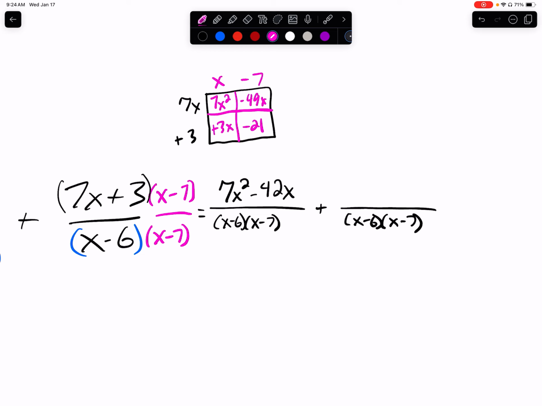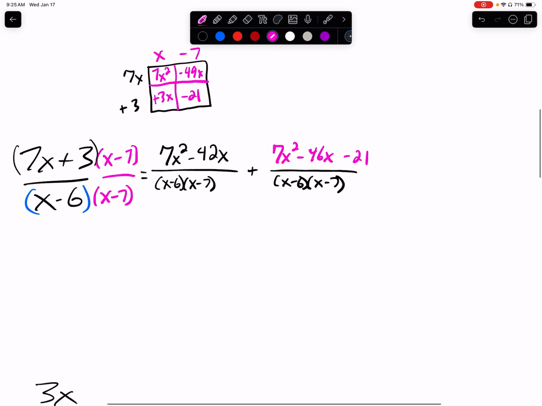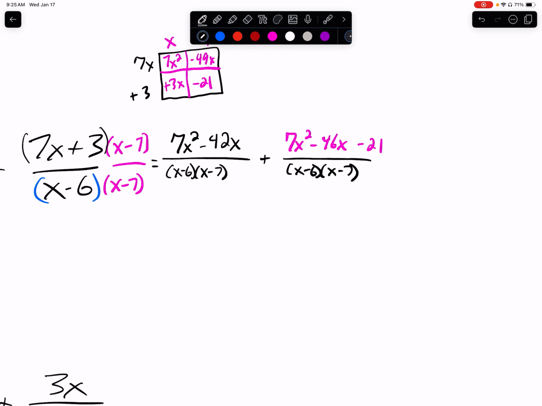So if I can combine these, I'm going to get 7x squared negative 49 plus 3 is going to leave us with minus 46x and then minus 21. Okay, so our last and final step here is to combine everything under one fraction, right? Because now I have a common denominator, x minus 6, x minus 7, and I'm going to combine.